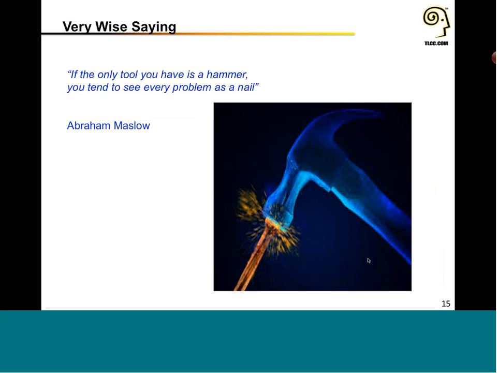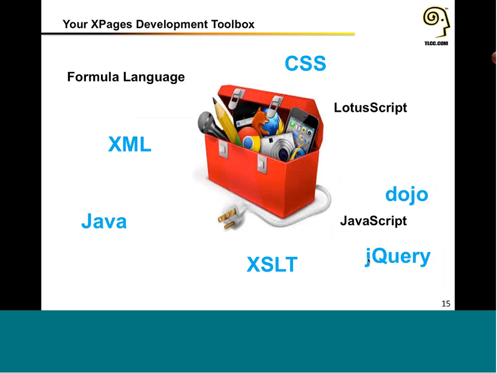The great thing about the Domino platform and today with XPages is that we have a lot more tools in our toolbox. When we were doing client development, we had the formula language, LotusScript and JavaScript. Now we've got XML, Java, XSLT, jQuery, Dojo, CSS, all these tools in our toolbox that are going to help us architect solutions that are engaging and that users want to interact with.